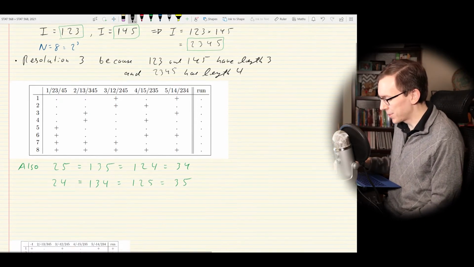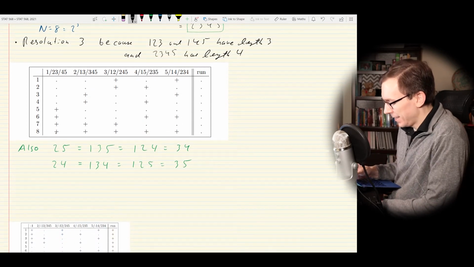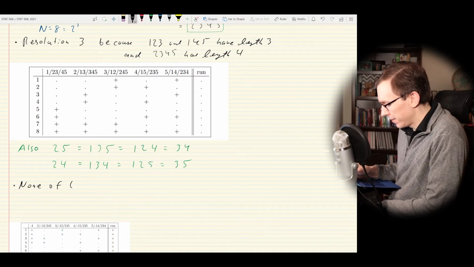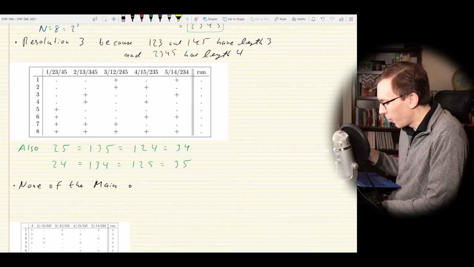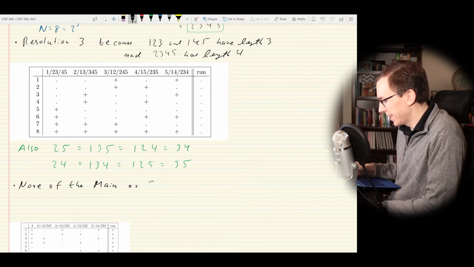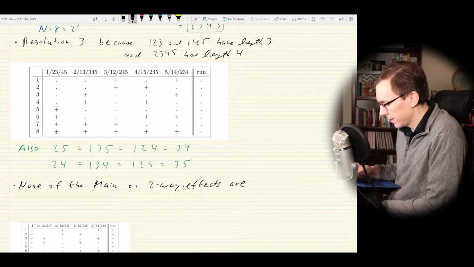And the point that I was trying to get to is that none of the main or two-way effects are clear or strongly clear, just to write it out.